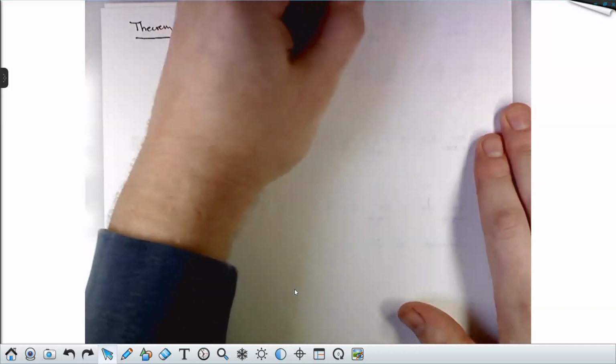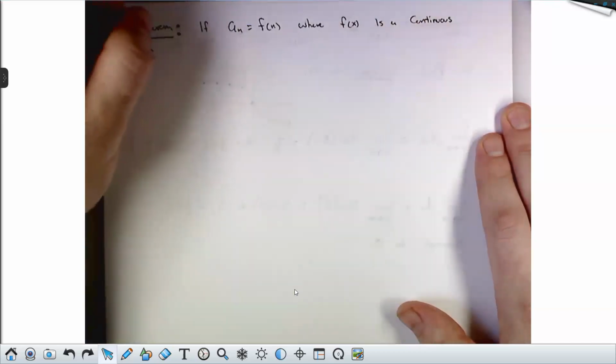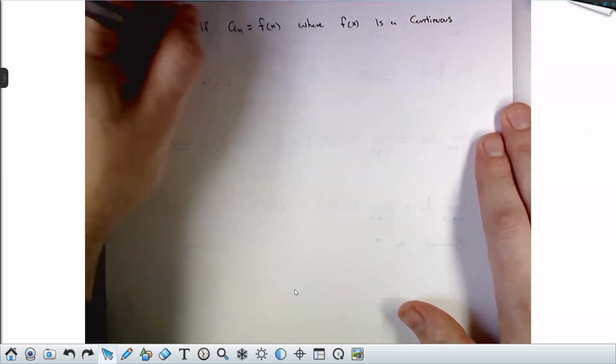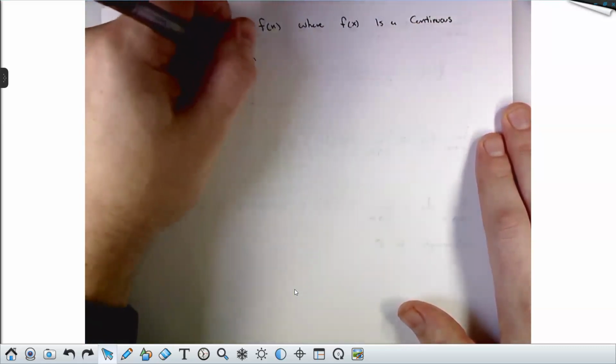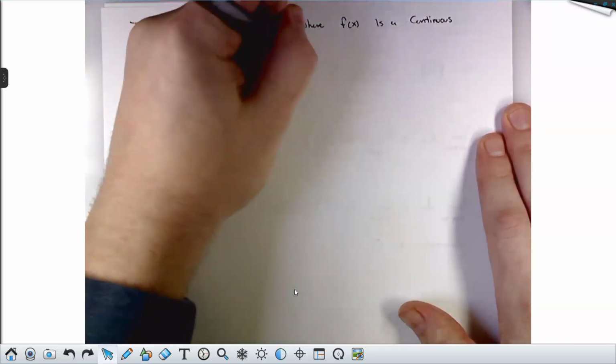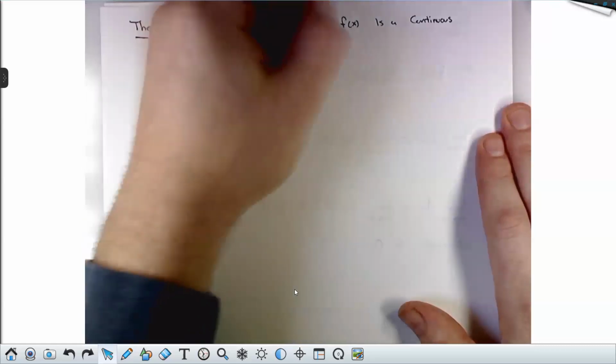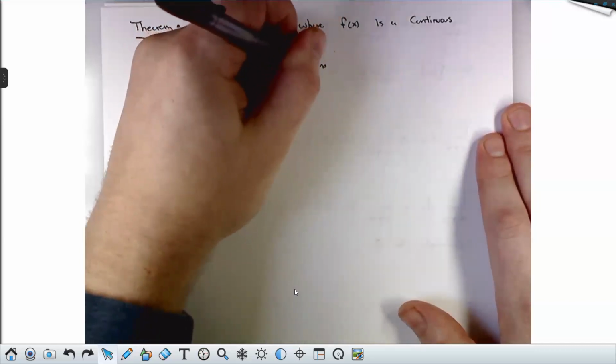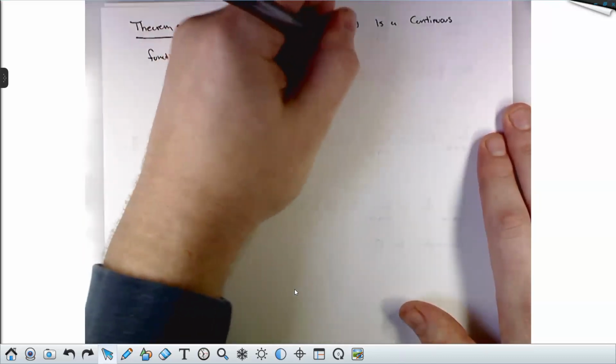So one of these theorems, actually several of these theorems we've been using: if an is equal to f of n, where f of x is a continuous function, then the limit as n goes to infinity of an is the same as the limit as x goes to infinity of f of x.